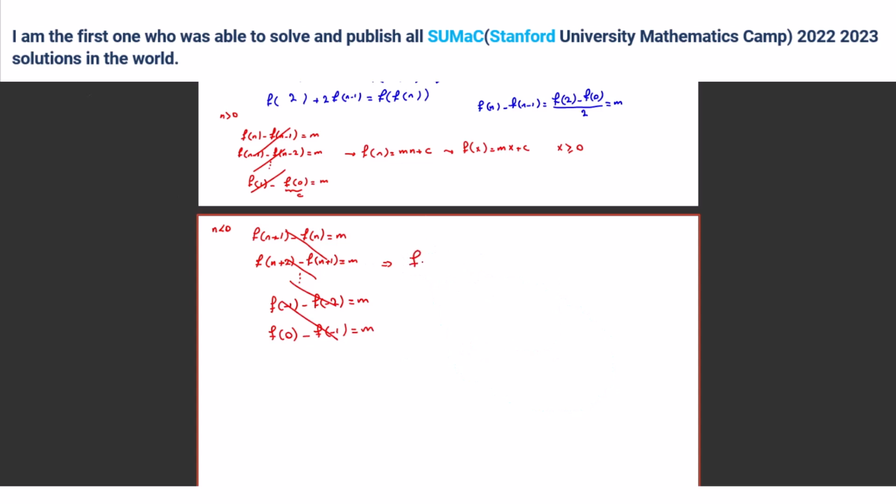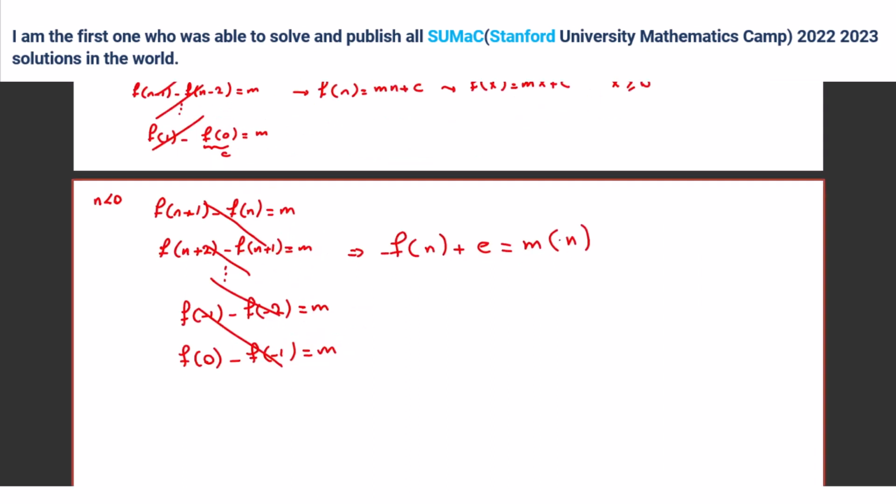Yeah. So it would be f of 0 minus f of n, which is c, is m times what? M times n, right? From negative 1 to n, n is negative, okay? So from negative 1 to n, it's negative n number of them, right?